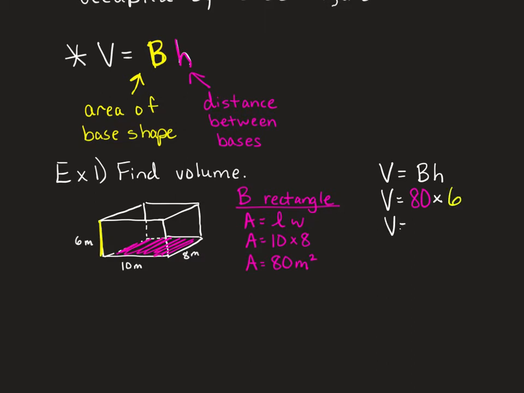And so I multiply those. 80 times 6 is 480, and that's cubic meters, because we had meters times meters times meters. And we're finished. That's all the space within that shape.